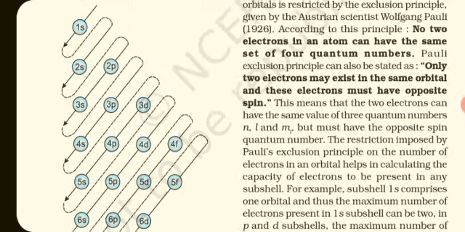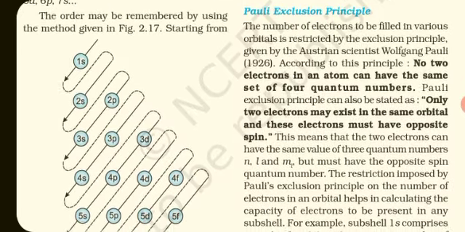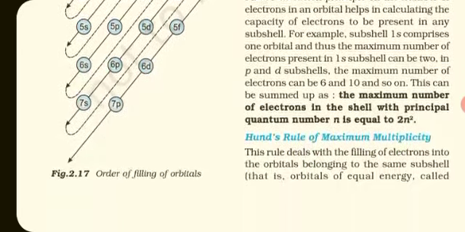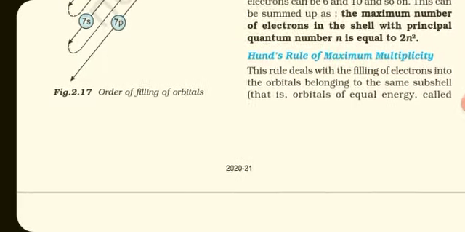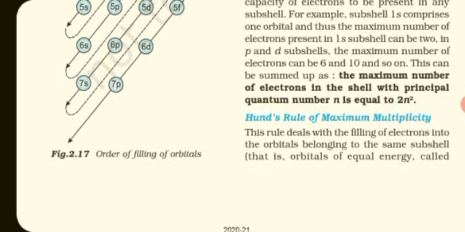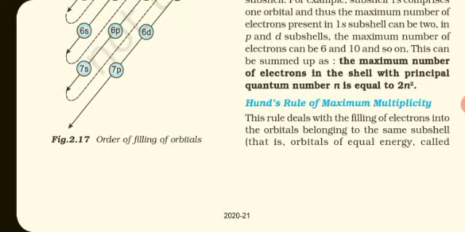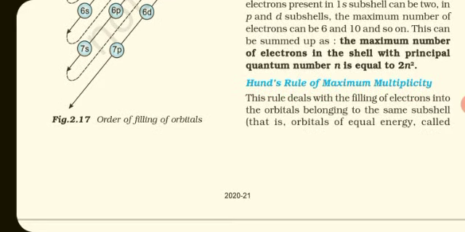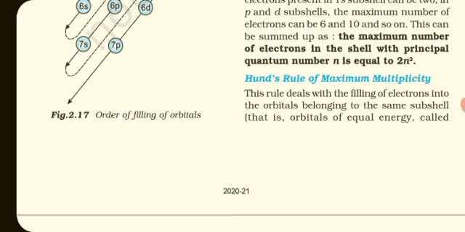So the 2n square rule is given by Pauli's exclusion principle. We can find the number of electrons in a shell by using the formula 2n square, where n is the principal quantum number.